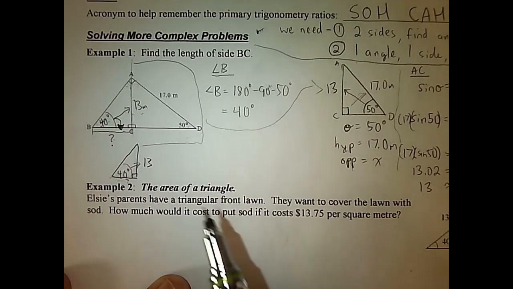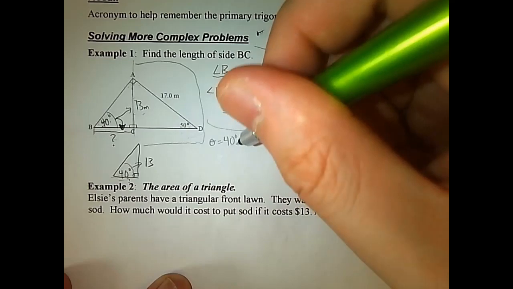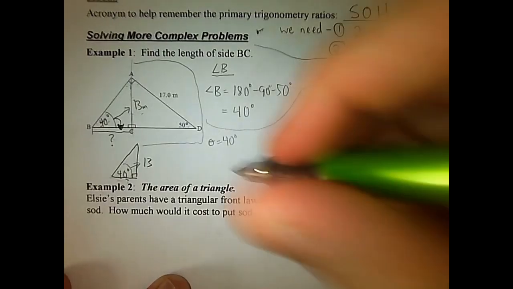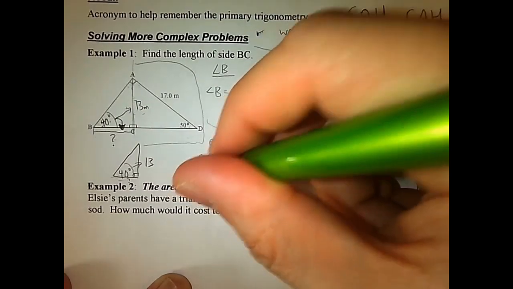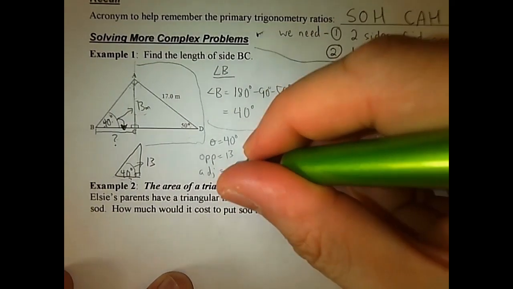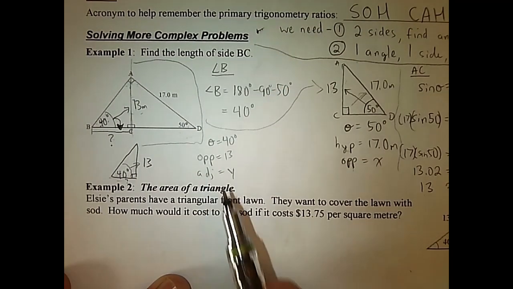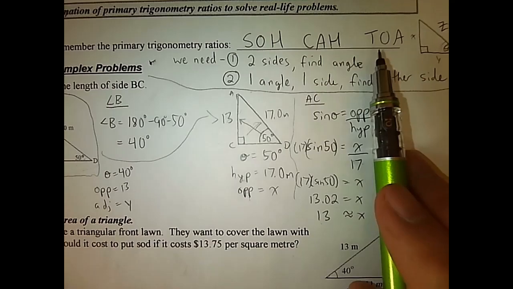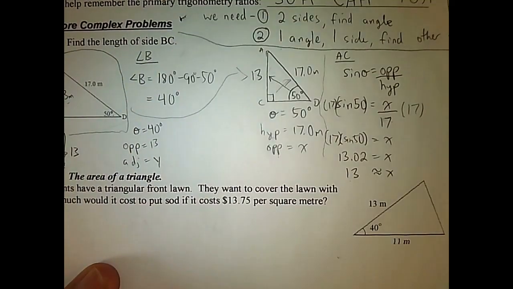So if I have the theta being 40 degrees, and I have the opposite being 13, and I'm trying to find the adjacent side, well, let's call that y this time. Well, if I have opposite and adjacent, I have to use tan. So I'm going to use tan here. I'm just going to erase this arrow.